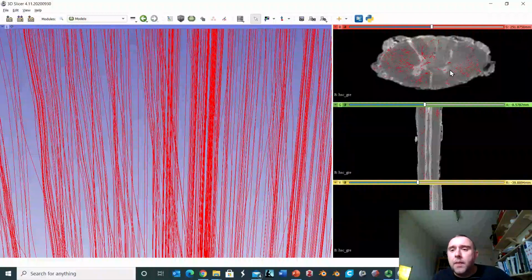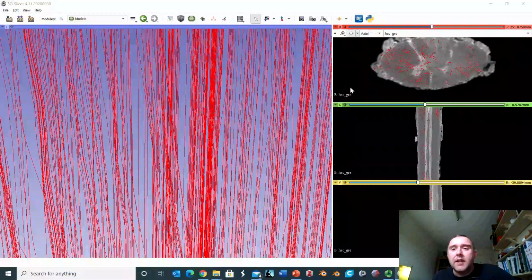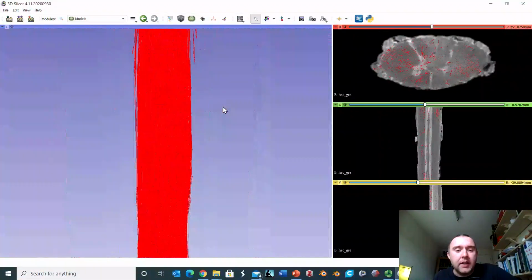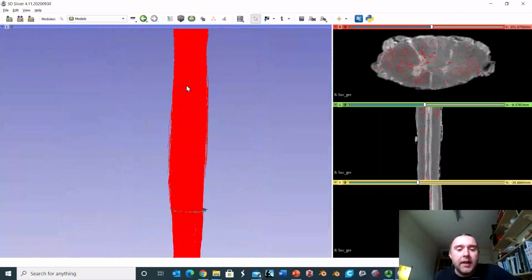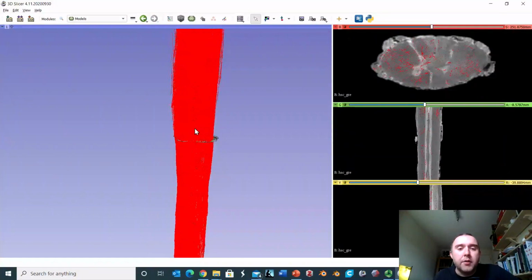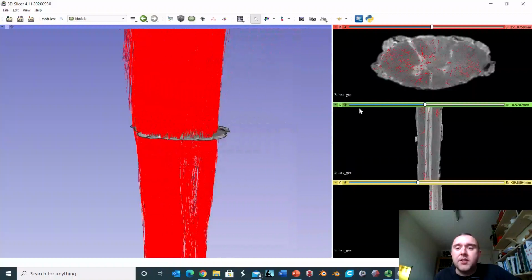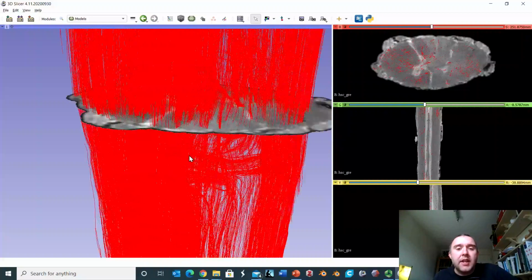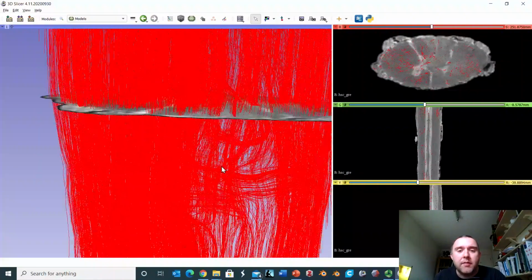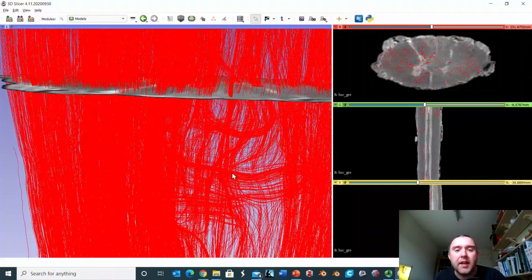Now this is the level at which that lesion is. So let's put on the section onto our image here, and let's try and find where that lesion that we found is on the longitudinal diffusion data. So here we can see, we know that the grey matter has been disrupted at this point, and if we zoom in we can see the region, the white matter around the lesion, and look, something very interesting is obvious here.